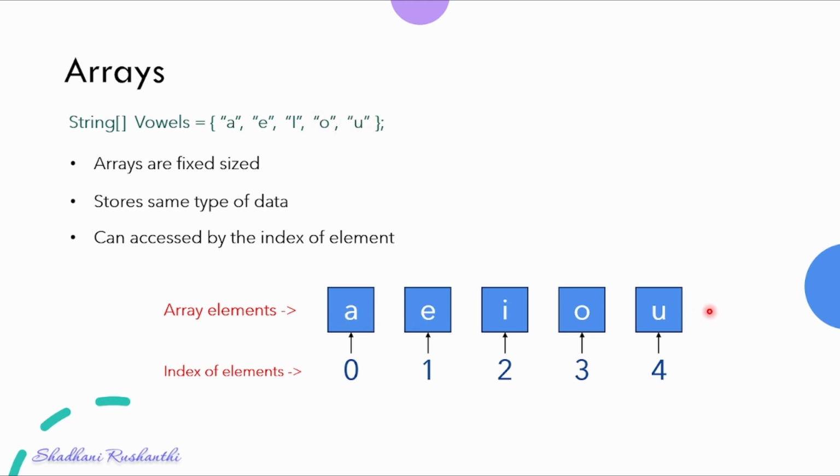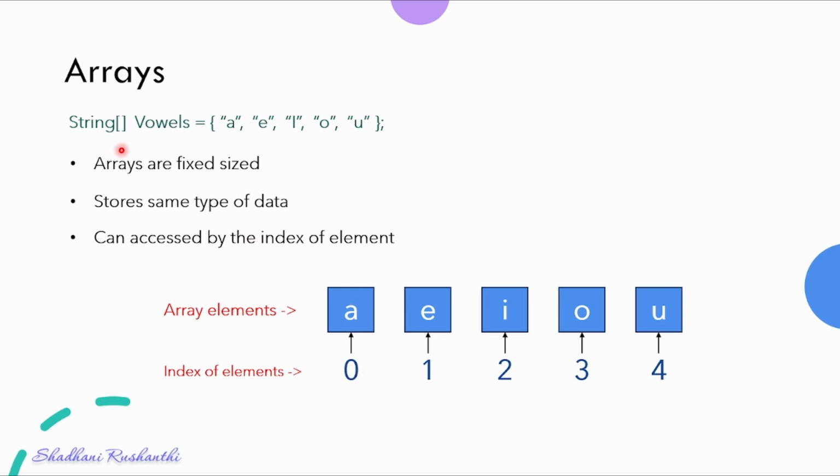For each of these elements, there is an index according to the order they were stored. As A is the first element in the array, the index of A is 0. As E is the second element, its index is 1. The index of I is 2, the index of O is 3, and the index of U is 4. In arrays, the index always starts from 0.